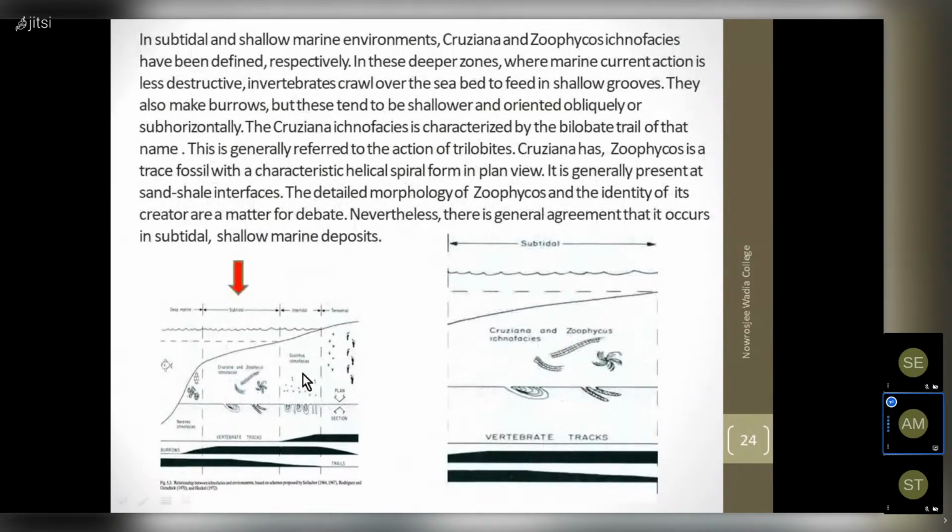Okay, as for the third section, in the subtidal and shallow marine environment, the Cruziana and Zoophycus ichnofacies have been defined.